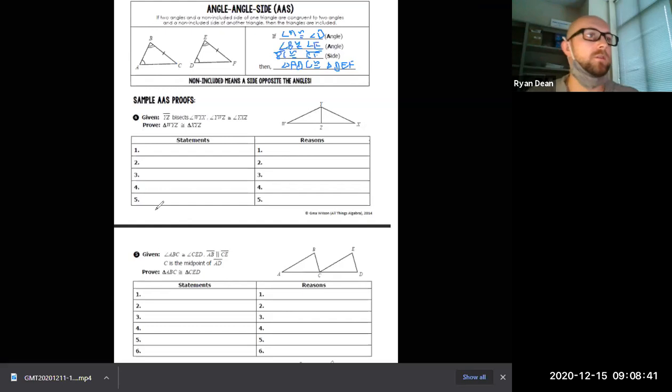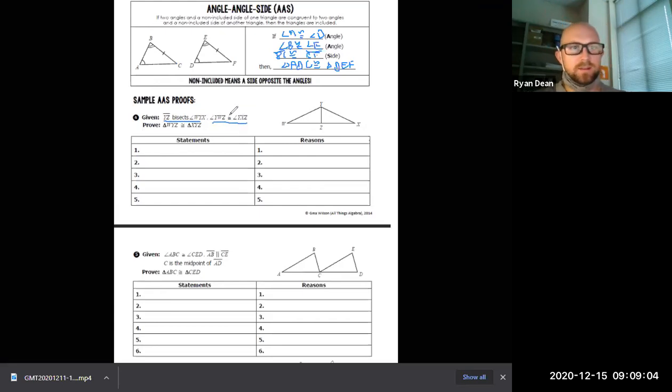All right, so let's go through these examples. Now we don't have any statements given to us. That's okay. I'll fill these in and we'll take a look at the reasons. So here's our given. Okay, we actually have two given statements. We have this first piece and then we have this second piece.